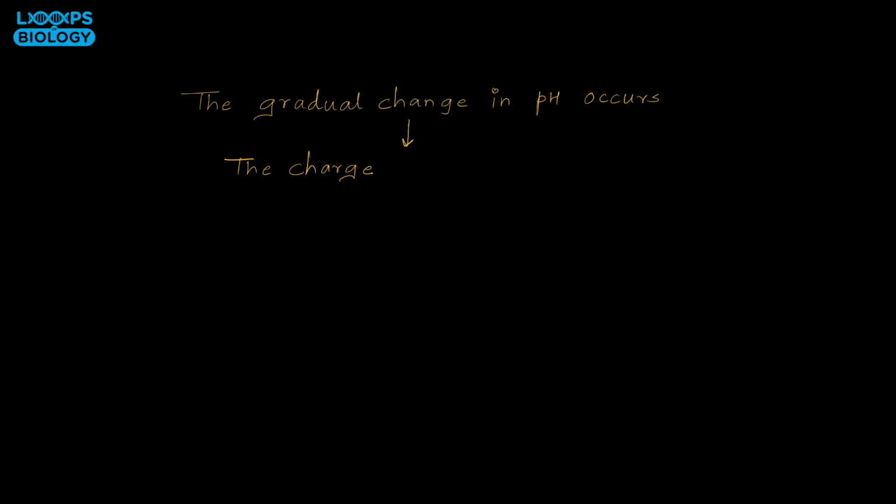Got my point, guys? So whenever the gradual change in pH occurs, all right, the charge density on the enzyme changes.